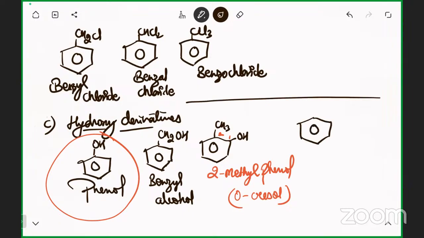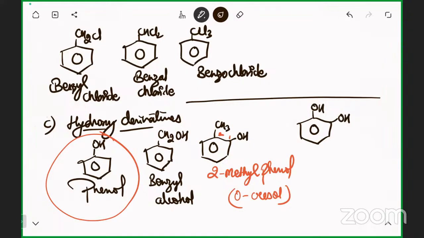Benzene, then OH, OH. Now I told you one rule: if both are the same functional group, then you will not give priority to anyone.